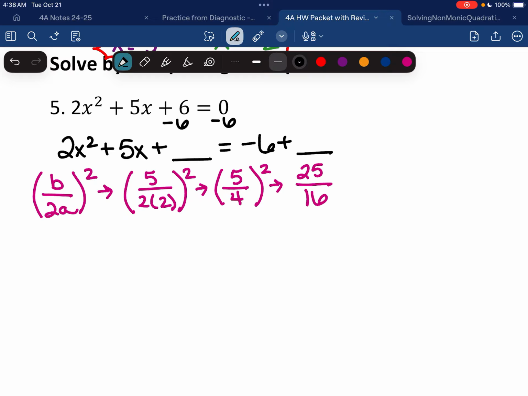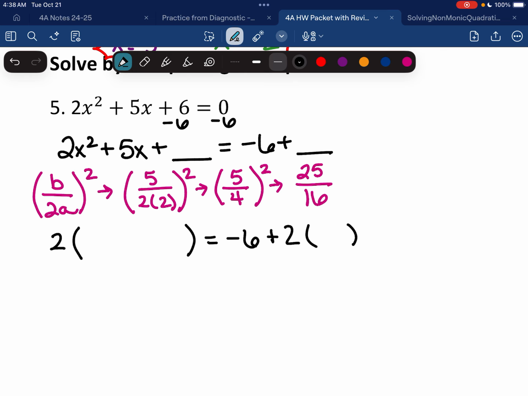But since I divided the numbers out, instead of working with that, I'm going to factor out my 2, and I apologize for not doing that first. So 2 times, equals negative 6 plus 2 times.